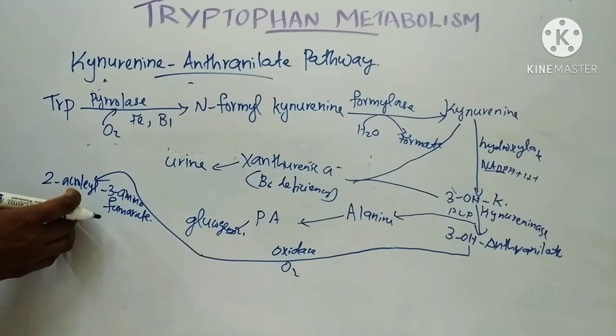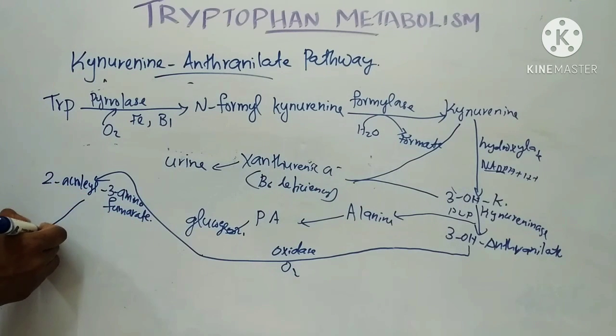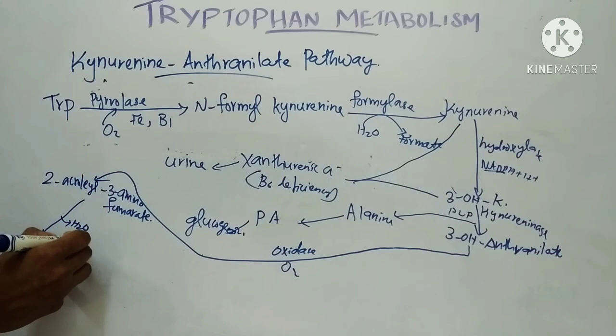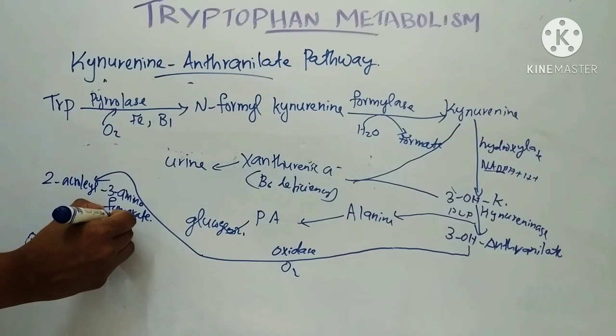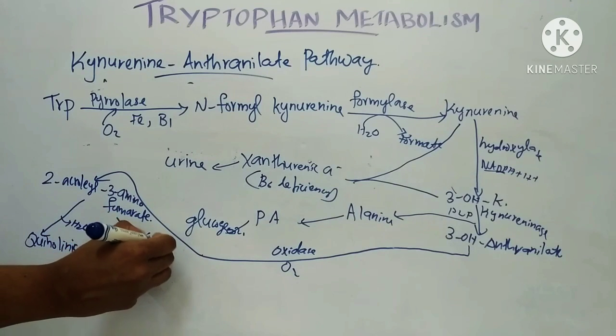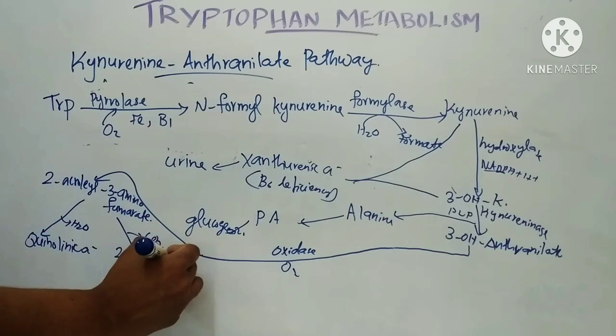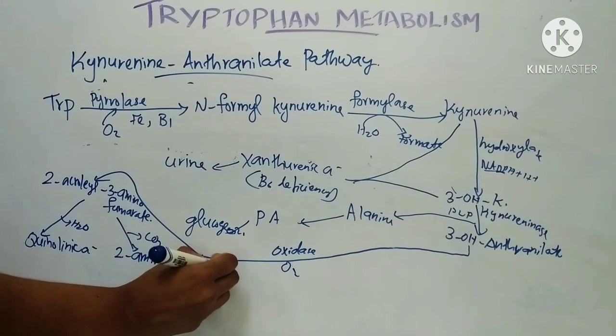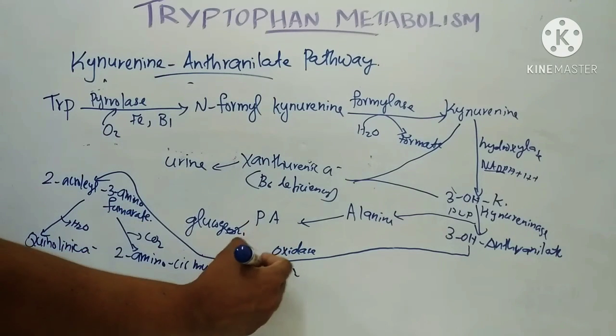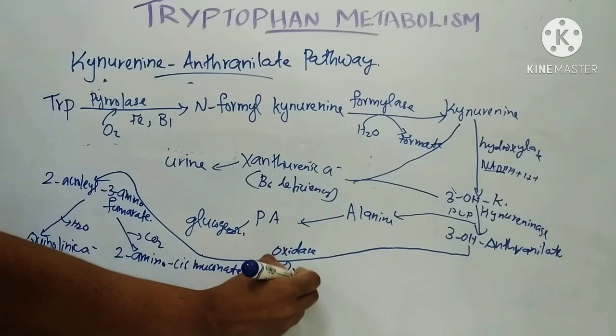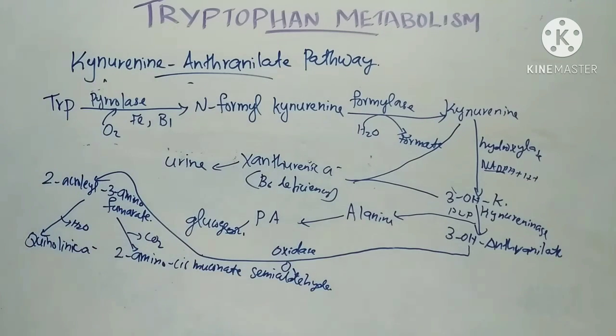Then this 2-acrylyl 3-amino fumarate can be converted to quinolinic acid, or by decarboxylation it can be converted to 2-amino cis-muconate semialdehyde.